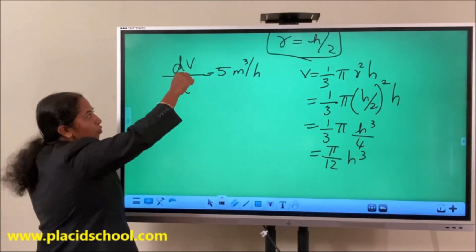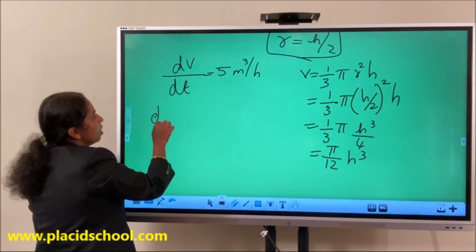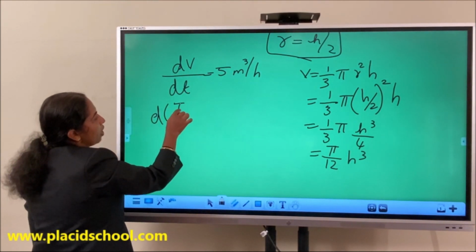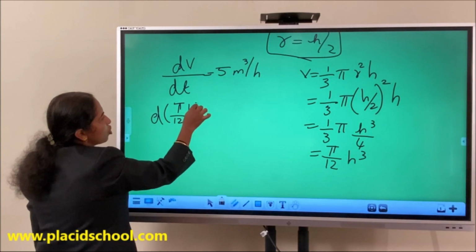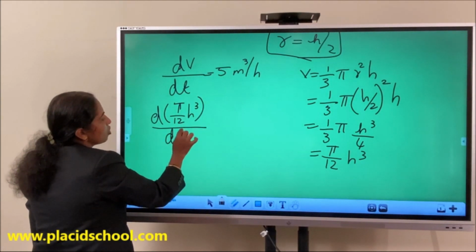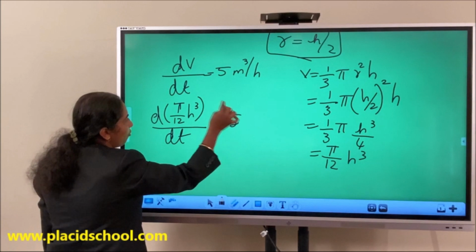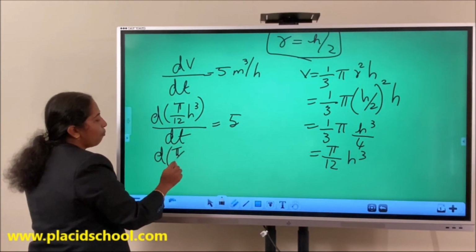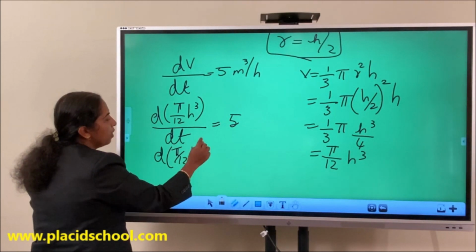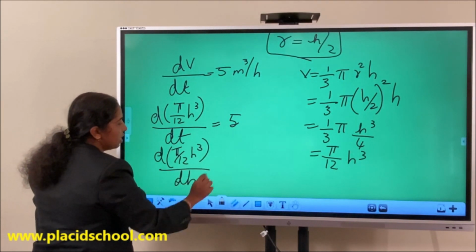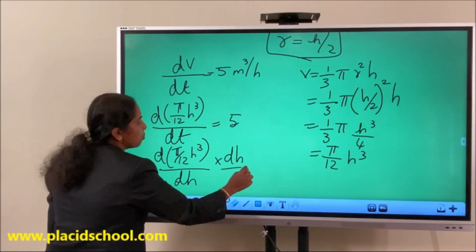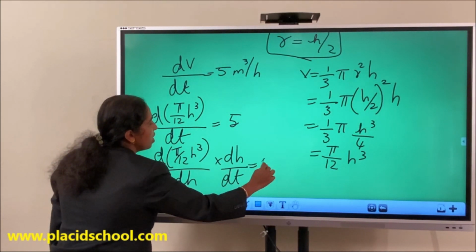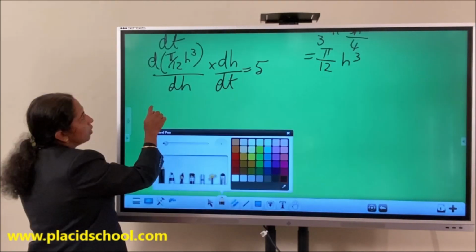Now I am going to differentiate volume with respect to time. So derivative of pi by 12 h cube with respect to time is given to be 5. Now applying chain rule, derivative of pi by 12 h cube with respect to height into dh by dt is equal to 5.